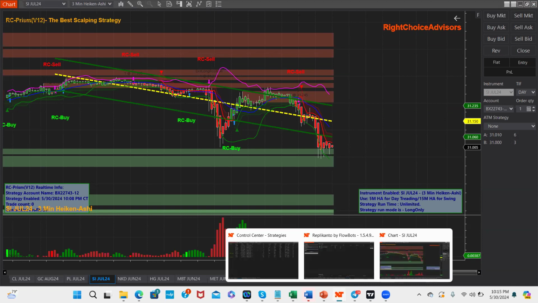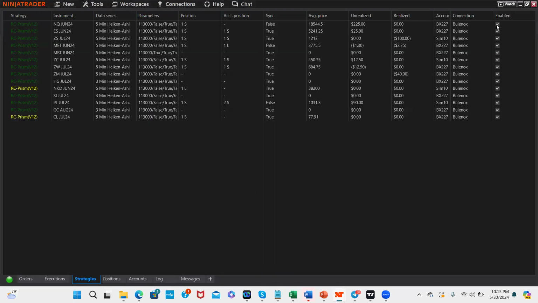So again, you have to just go here to the strategy section. You can just disable them. When you just click on this, then the algo will stop for the day.